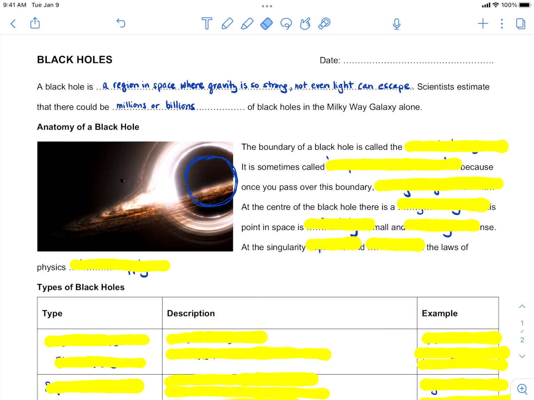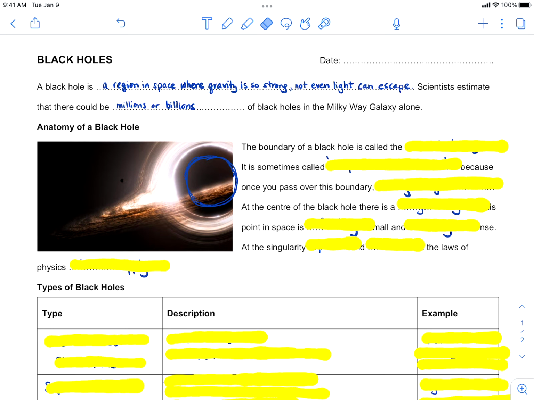So that's in our home galaxy, and there could be tons of them. Now, they're not nearby. They're pretty far away. But this is what astronomers are estimating, millions or billions, which is pretty cool.